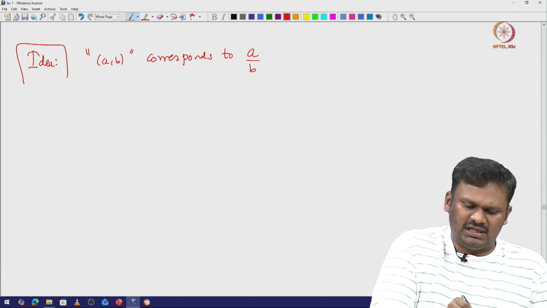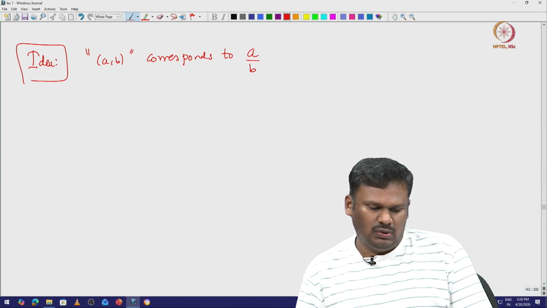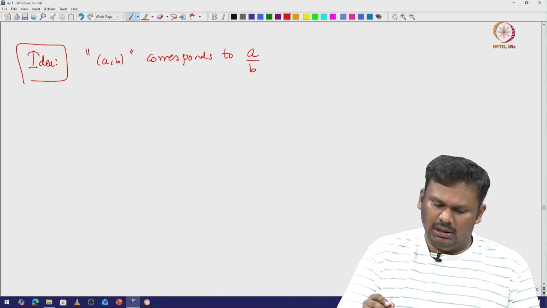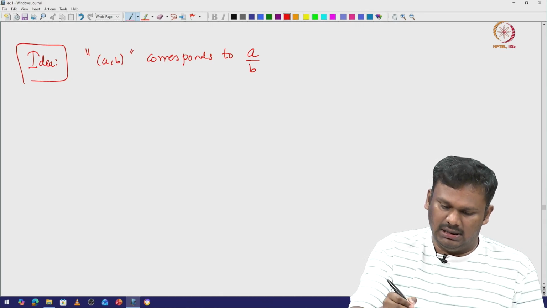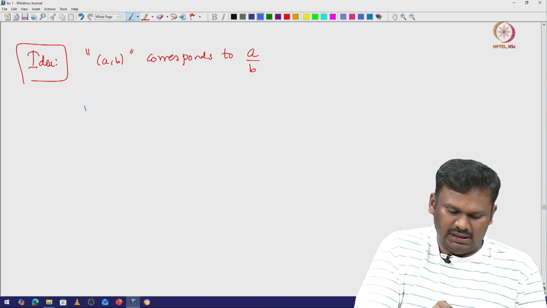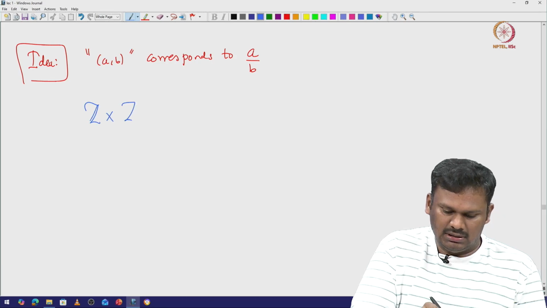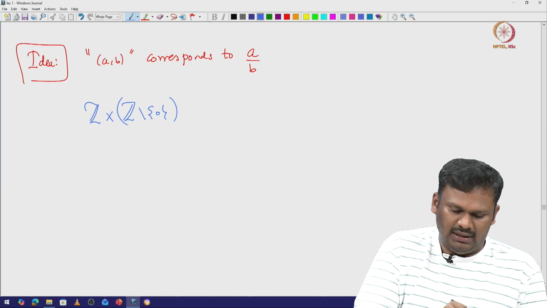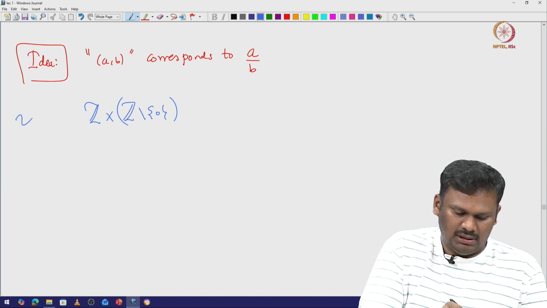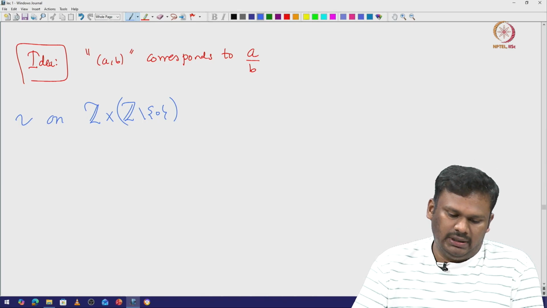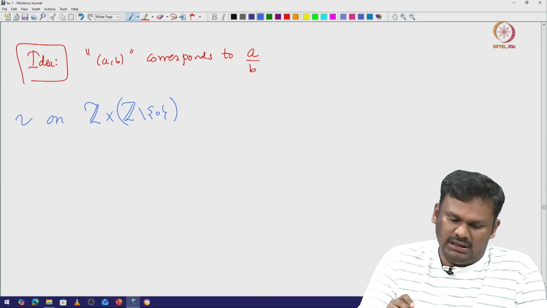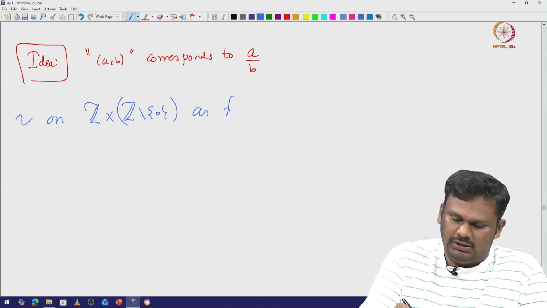So, once we understand the idea, it is easy to work with the set and the equivalence relation. What will be the set? The set will be Z cross Z minus 0, and we define an equivalence relation on it as follows.